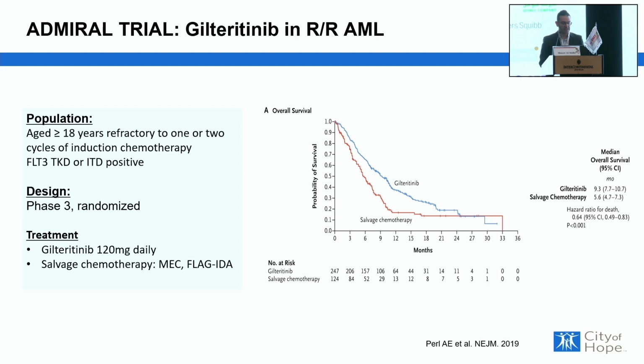And as shown here, with a single agent oral medication, we show improvement in median overall survival from 5.6 months with salvage therapy to 9.3 months with a single agent. Patients for sure were allowed to go to transplant if they went to remission.